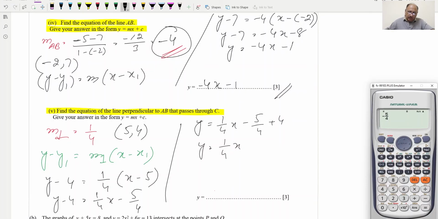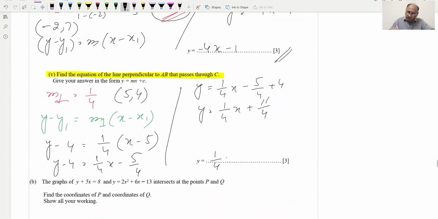This will be our final answer, which we can write as y equals 1 over 4x plus 11 by 4, and this is for 3 marks, which is done.